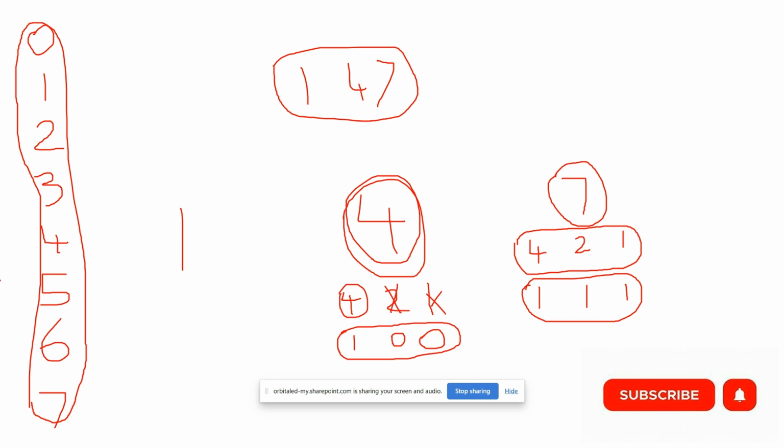Now, for the final part of my binary number, make the same table again: 4, 2, and 1. As you can probably tell again, you don't need a 4 to make a 1. You don't need a 2 to make a 1, but if you only use this one right here, you can get the 1.